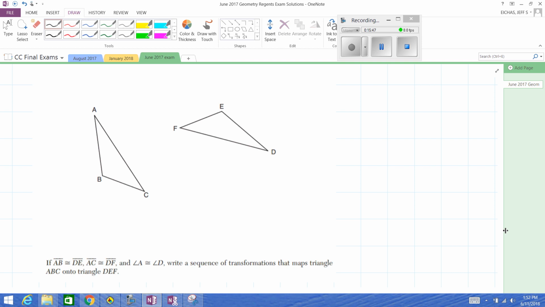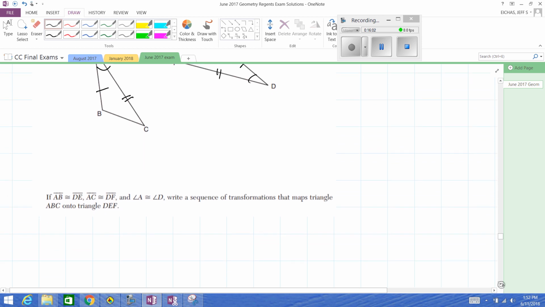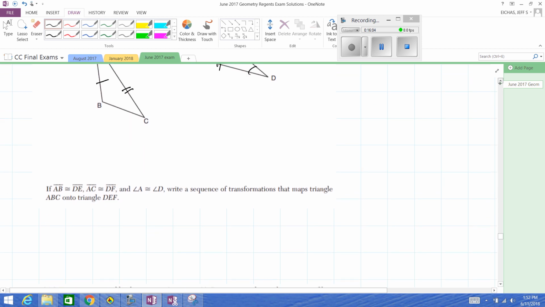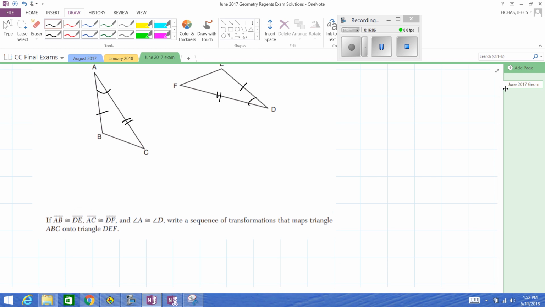All right. AB is congruent to DE, AC is congruent to DF, and angle A is congruent too. So they are congruent. The triangles are congruent by side-angle-side.